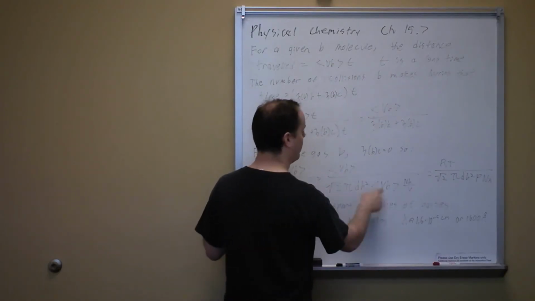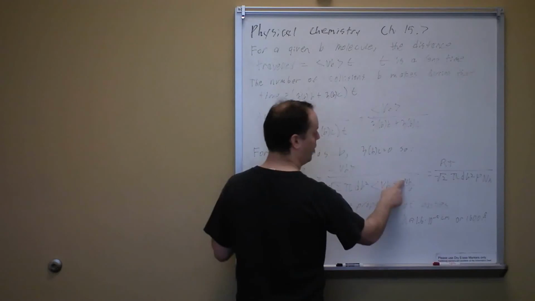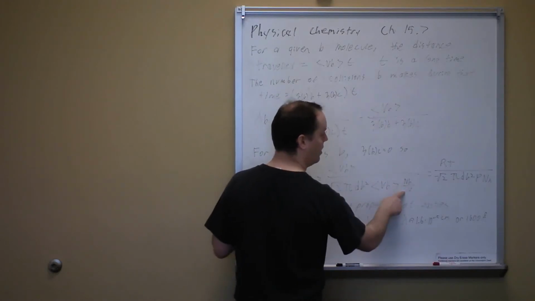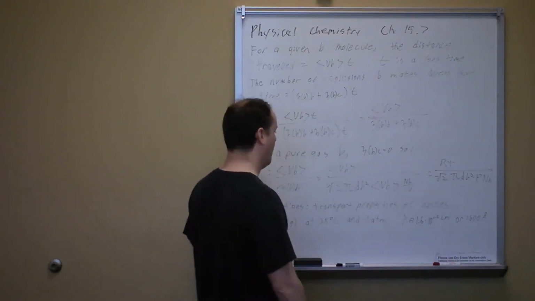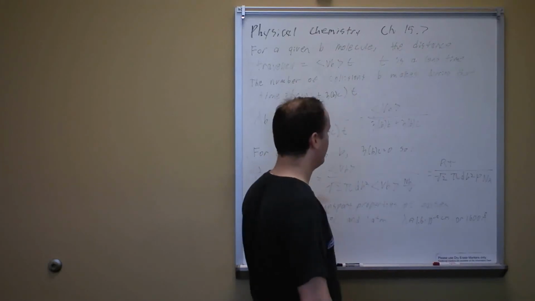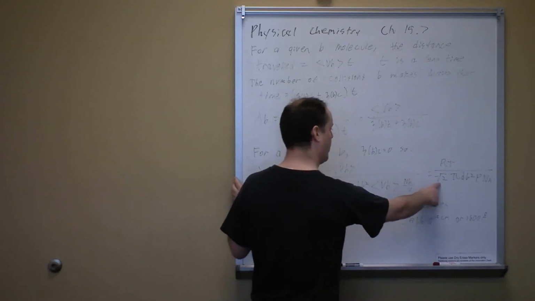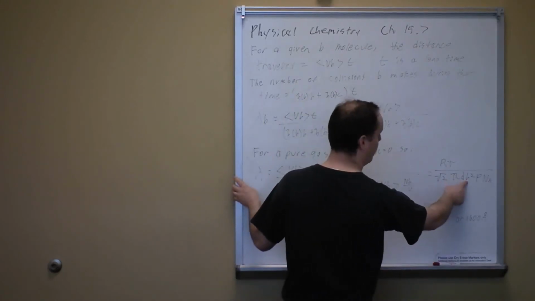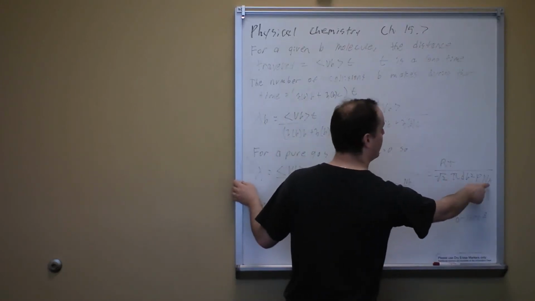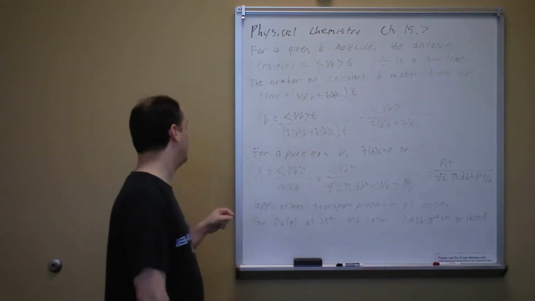Notice that these two average speeds cancel out, and we showed before that N_B over V is going to be equal to something else here. So this gives us the mean free path. It's equal to the gas constant R times temperature divided by the square root of 2 times pi times the diameter of a B molecule squared times the pressure times Avogadro's number.